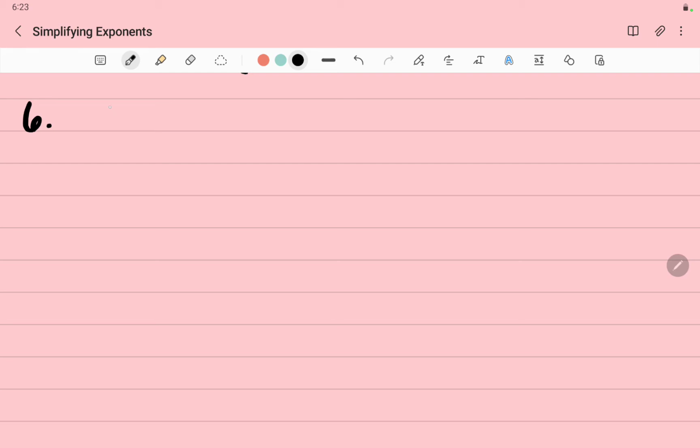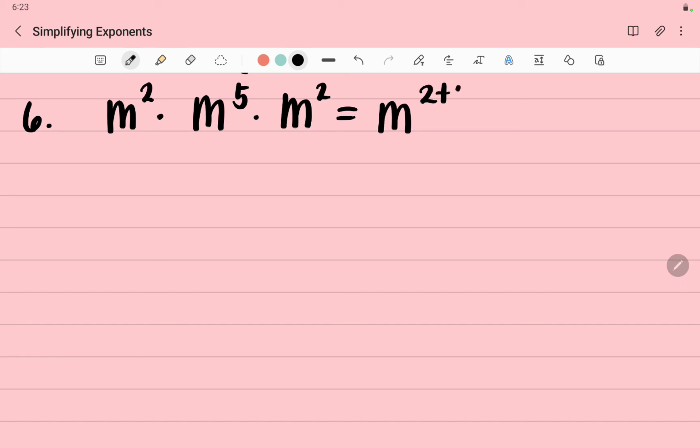Next, number 6. For number 6, we have m raised to 2 times m raised to 5 times m raised to 2. So we have now m raised to 2 plus 5 plus 2. We have now m raised to 9. Okay, final answer.